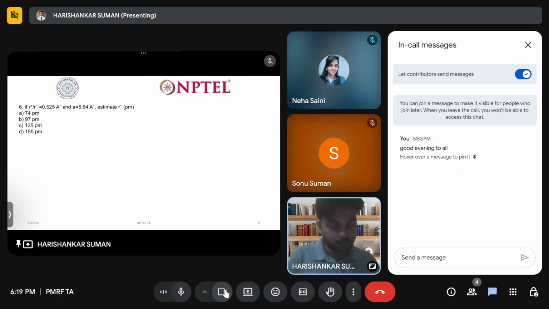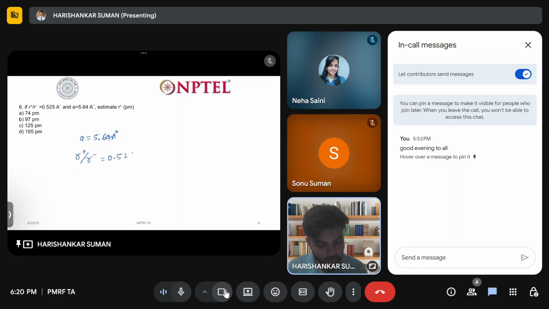So let's see. You have given a equal to 564 picometer, and R plus over R minus equal to 0.525.